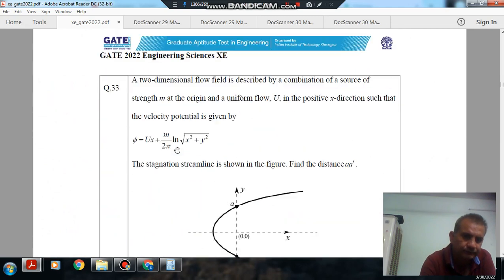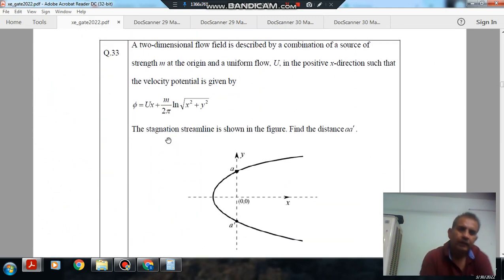Next, a two-dimensional flow field is described by a combination of a source of strength m at the origin and a uniform flow U in the positive x direction, such that the velocity potential is given by phi is equal to Ux plus m by 2 pi ln root x square plus y square.